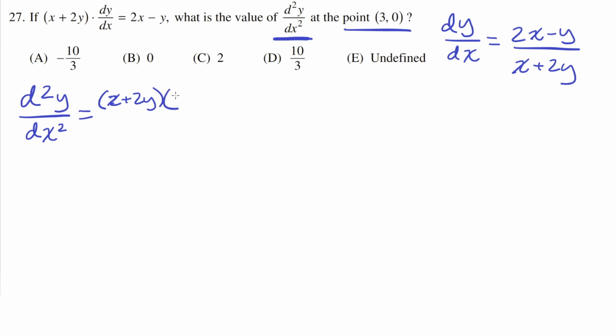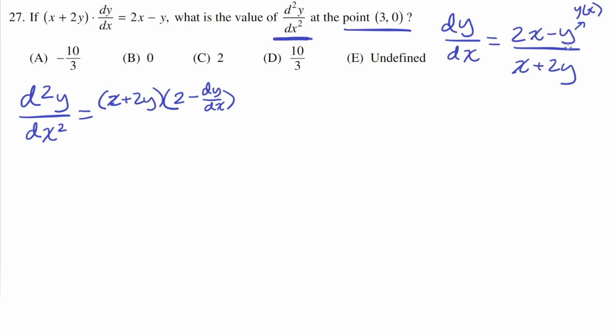So the derivative of 2x is 2, and the derivative of y is dy/dx, because we're differentiating with respect to x, and y is actually a function of x, right? So the derivative of that we'll just write as dy/dx.